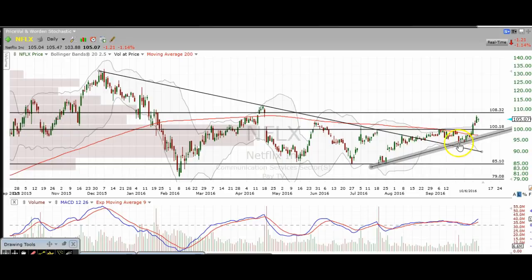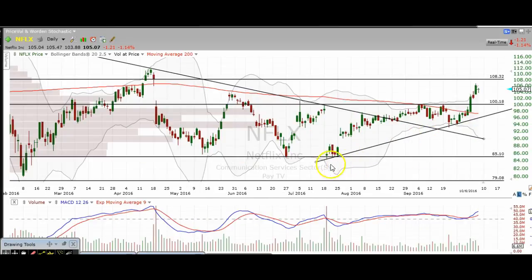You can see that we came back down, retested it, and now we have a newer uptrend line. A few touches right here, a few touches right here, and then we have this nice support right here at about $100. You can see that it was resistance right here, right there, right here, and then we just broke over it recently with some nice heavier volume above the average volume.